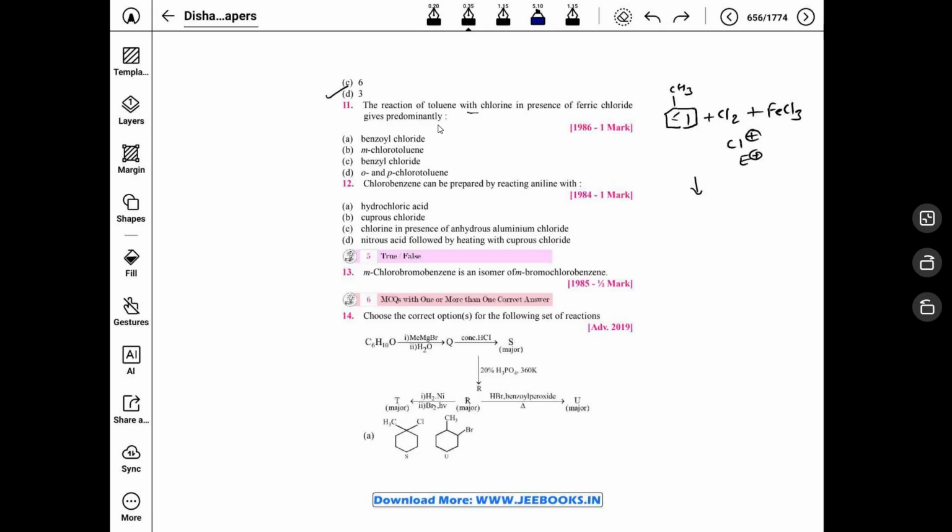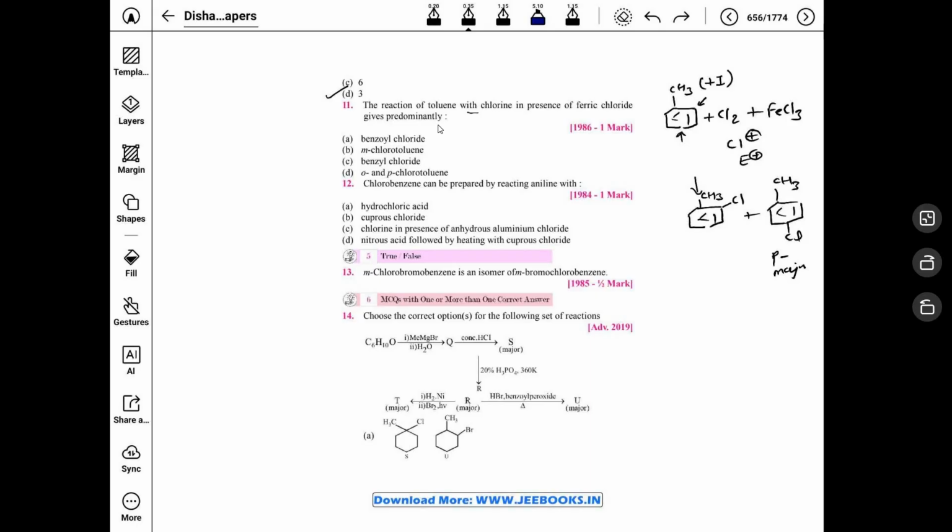And now we know that methyl has a plus I effect, therefore it is ortho and para directing, and hence there will be a mixture of products, chlorine at the ortho plus para.